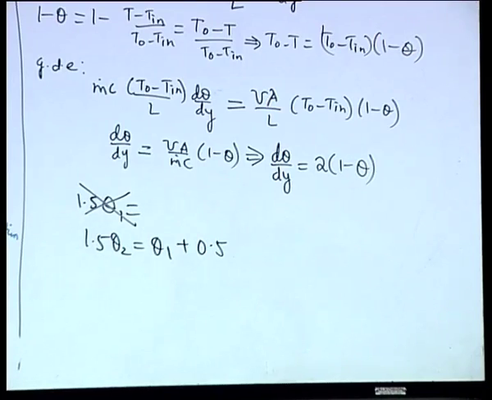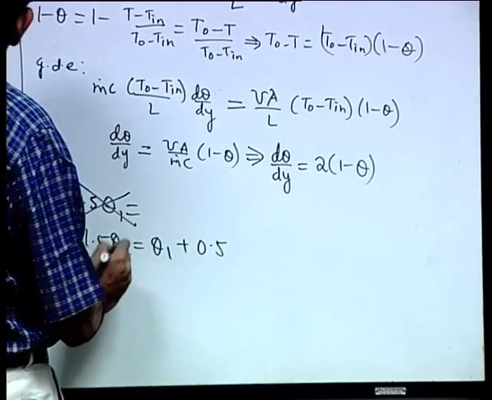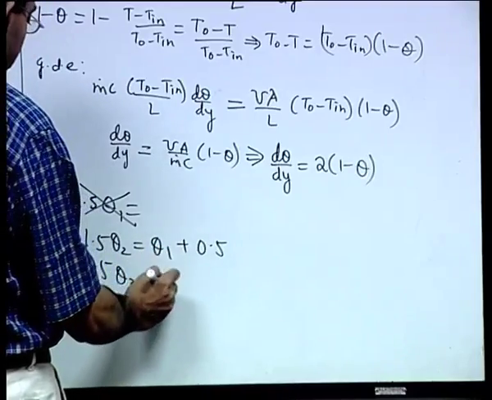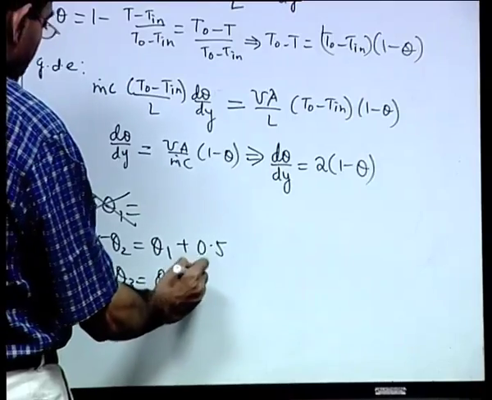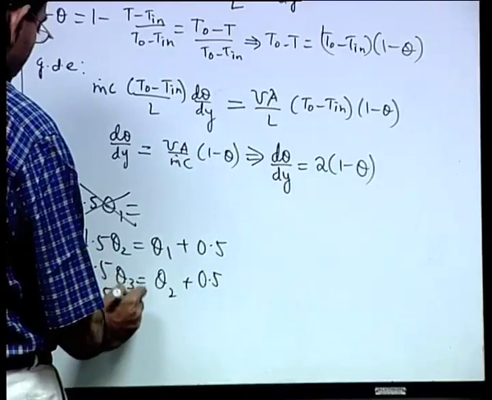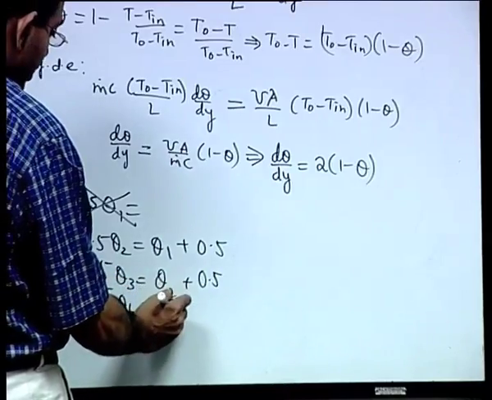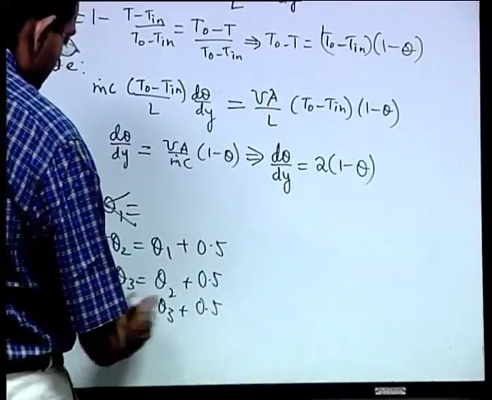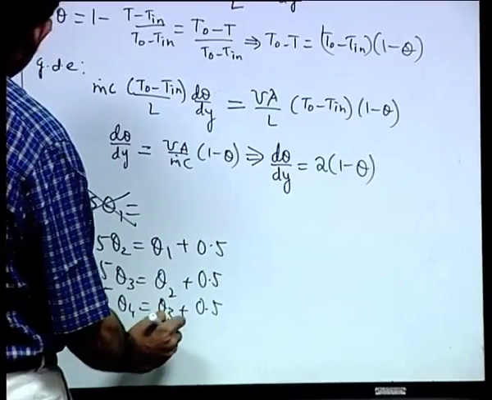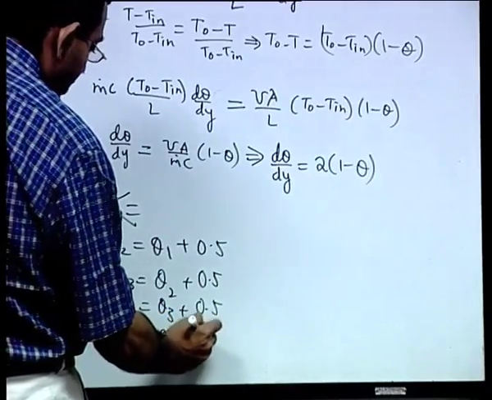Then 1.5 theta 3 is equal to theta 2 plus 0.5, 1.5 theta 4 is equal to theta 3 plus 0.5, 1.5 theta 5 is equal to theta 4 plus 0.5.